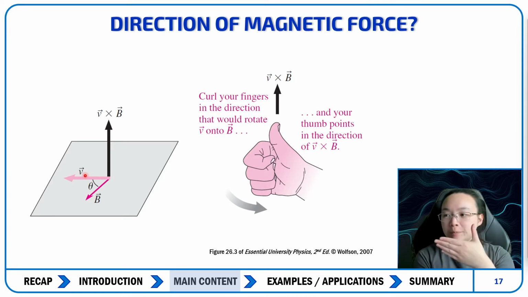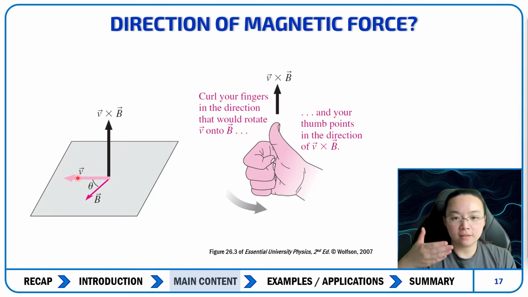In this example, I have to use my right hand, even though the picture is reversed. If I have V pointing towards the left side of the screen, where my fingers are, and B is pointing out of the screen towards me, I curl my fingers towards B, and my thumb is going to point up.